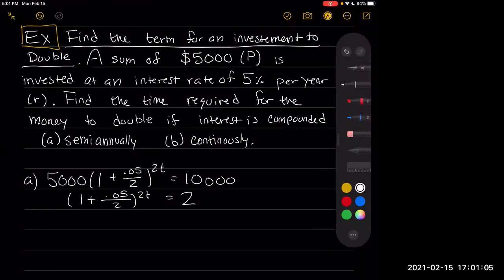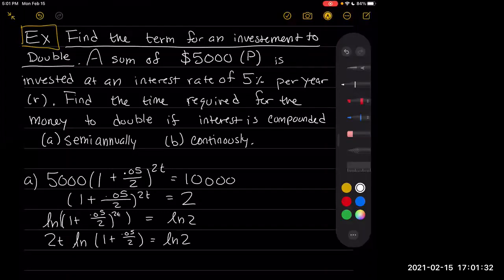So then we have the natural log of 1 plus 0.05 over 2 to the 2t equaling the natural log of 2. Now using the law of logarithms, we can bring down that exponent and we get 2t times the natural log of 1 plus 0.05 over 2 equaling the natural log of 2.